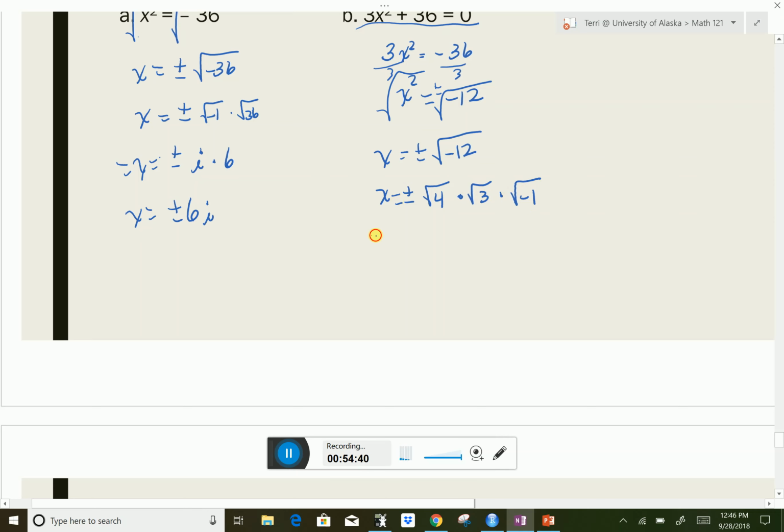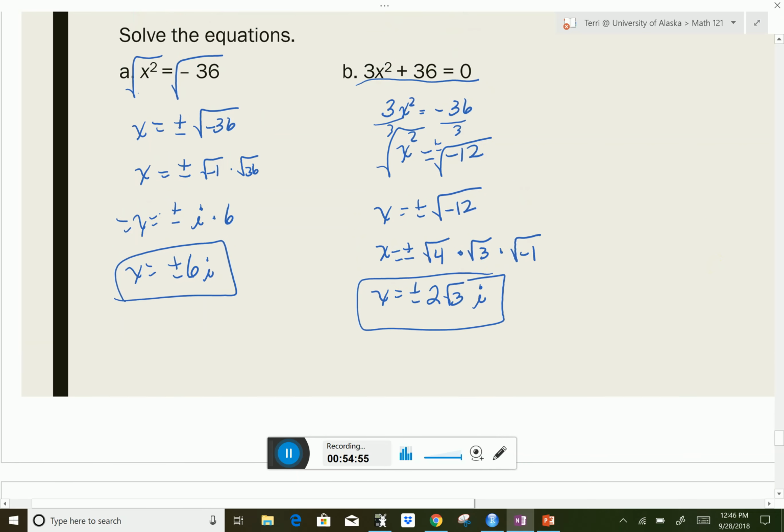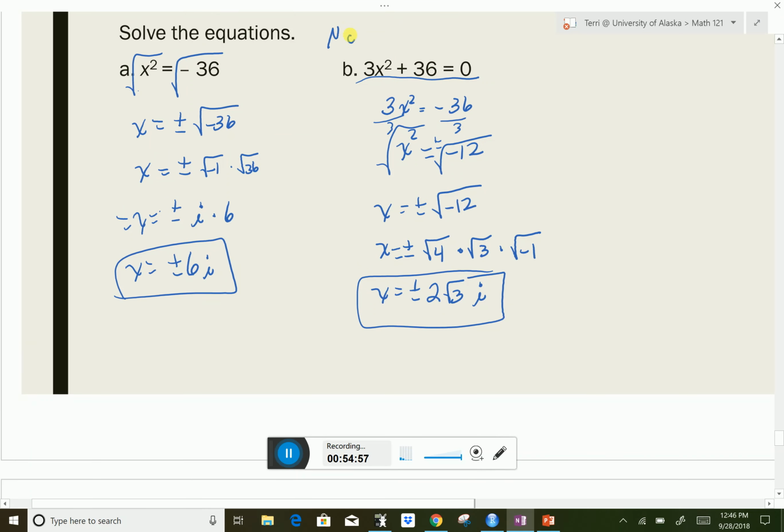So x equals plus or minus, square root of 4 is 2, root 3 i. So that's how you would solve these two equations. It would be easy to do it that way, there's no x term to get in your way.